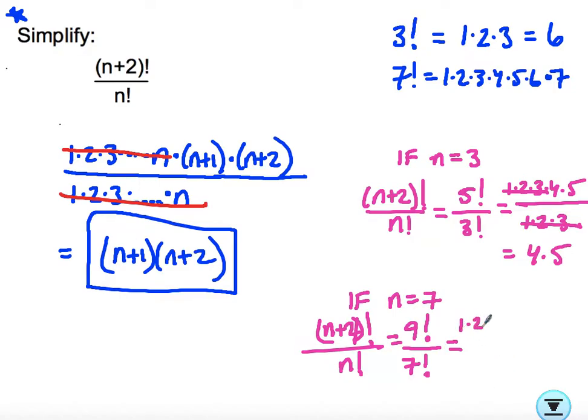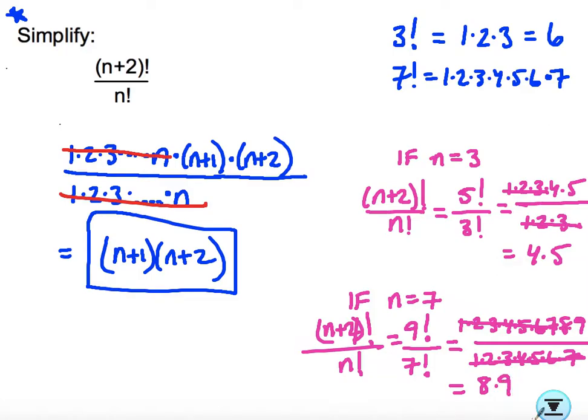So this would be 1 through 9 all multiplied together, and on the bottom, 7 factorial would be 1 through 7 all multiplied together. You'll notice that the 1 through 7 on top and bottom will cancel. So I'll just be left with 8 times 9 on the top.